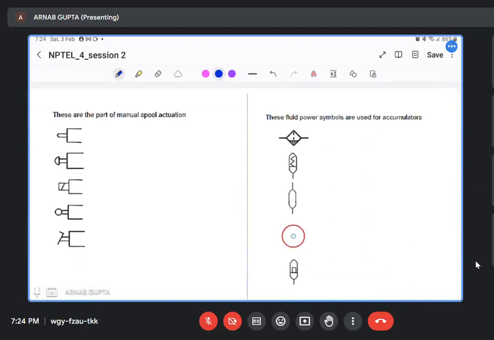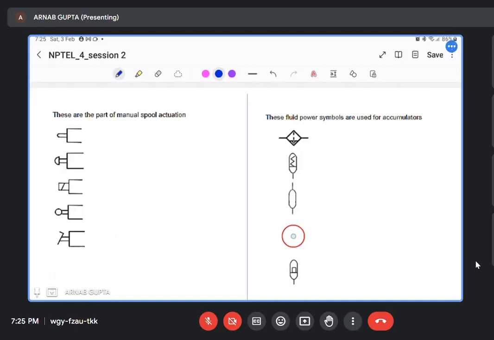Anyone? Manual means a person needs to manually handle that. Some of the manual spool actuation, anyone can tell me?